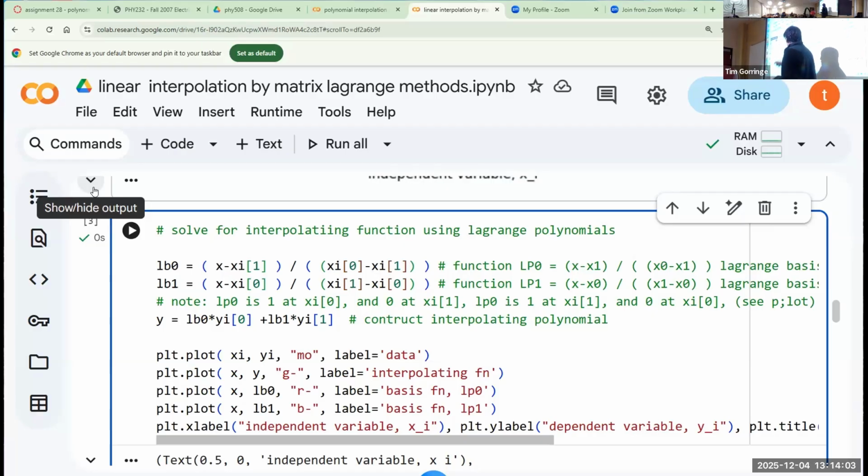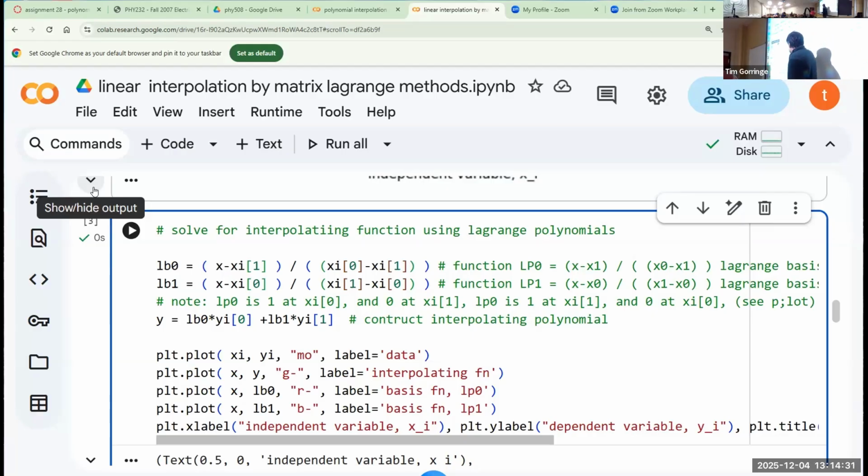If I plug in the value of x0, then what's in the numerator is the same as what's in the denominator, so it is 1. So this does arrange that at the 0th data point it is unity, and at the second data point it is 0.